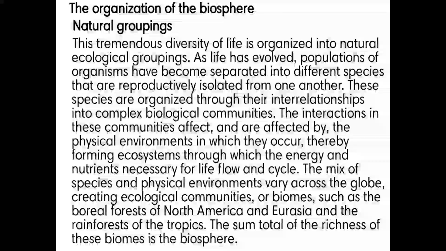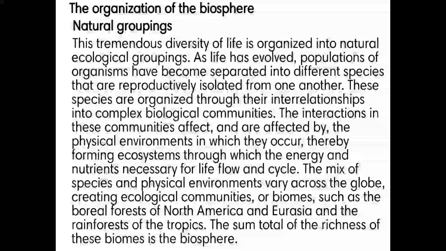The organization of the biosphere, natural groupings. This tremendous diversity of life is organized into natural ecological groupings. As life has evolved, populations of organisms have become separated into different species that are reproductively isolated from one another.